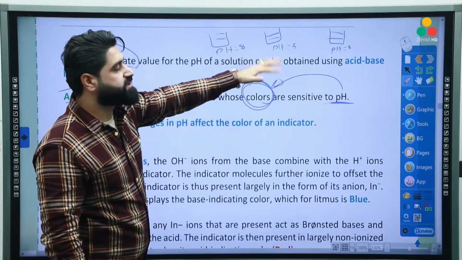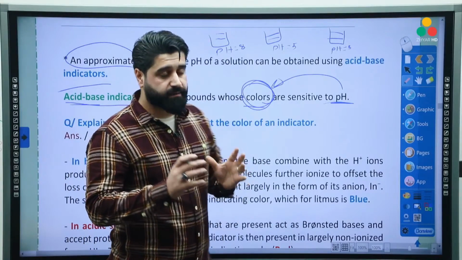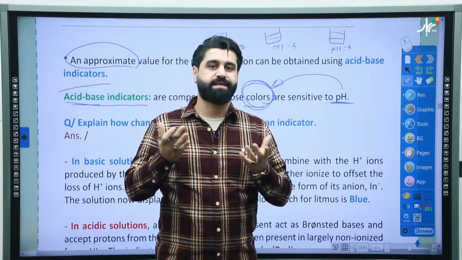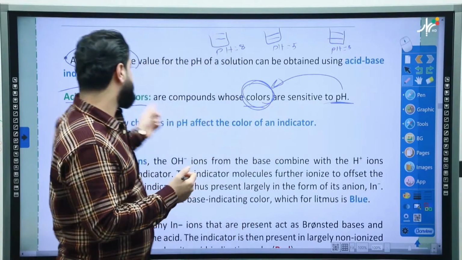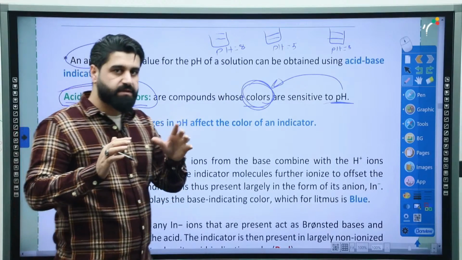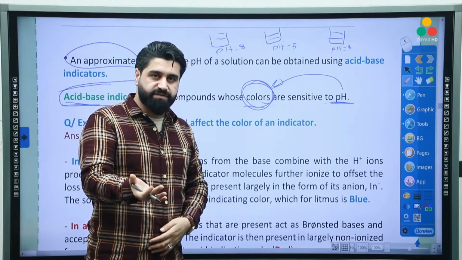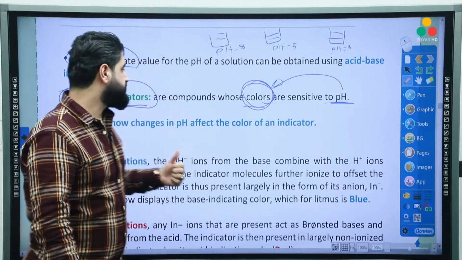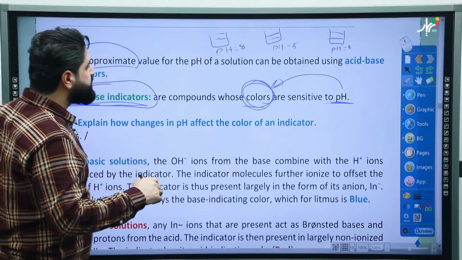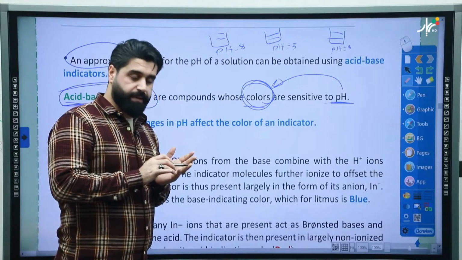Because the value of pH changes, so immediately the color changes. Any compound that has a color sensitive to pH can be used as an indicator in the laboratory, as an acid-base indicator to get the value of pH, but remember, it is approximate.